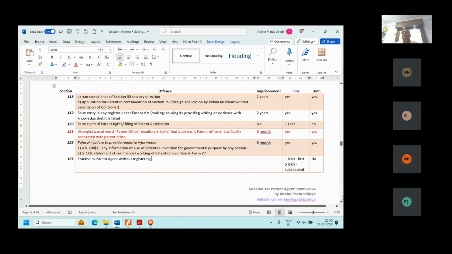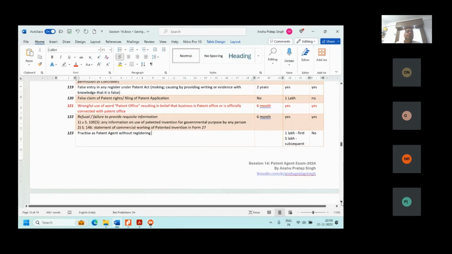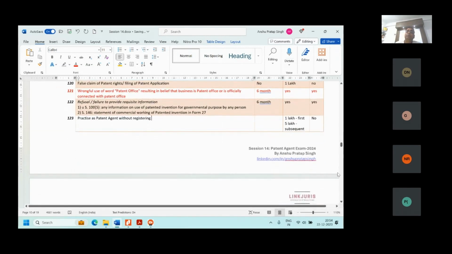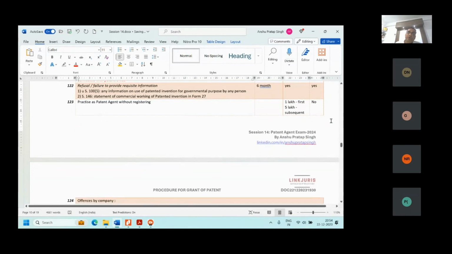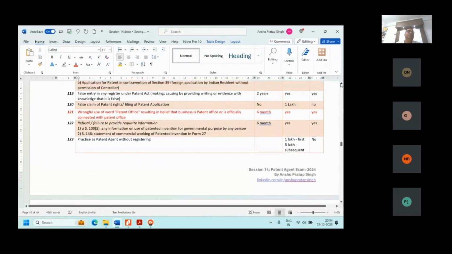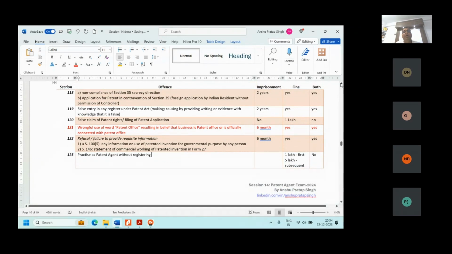This was the provision before the Jan Vishwas Amendment Act. You have to remember this as well as the revised difference which has happened. So this is also important, please remember, because that has not come into force.